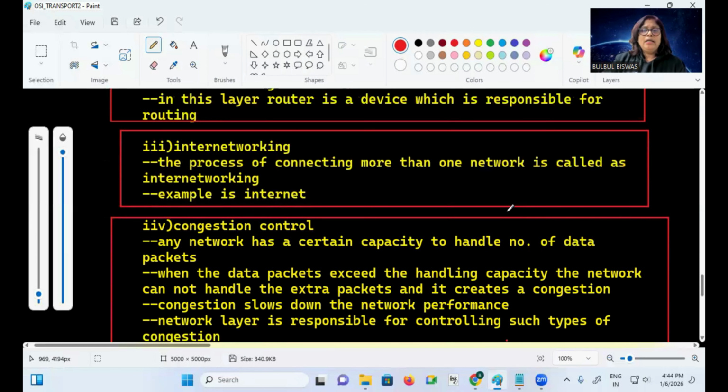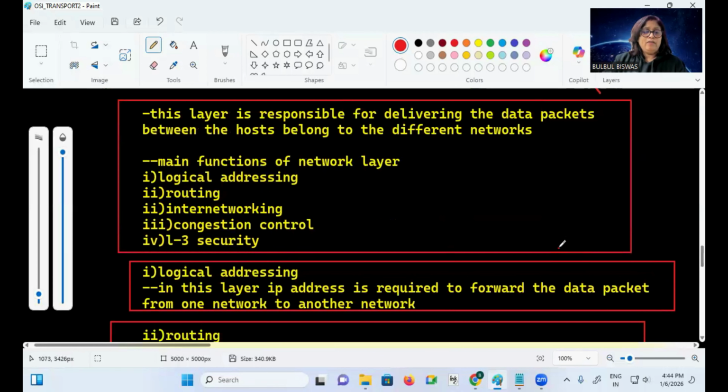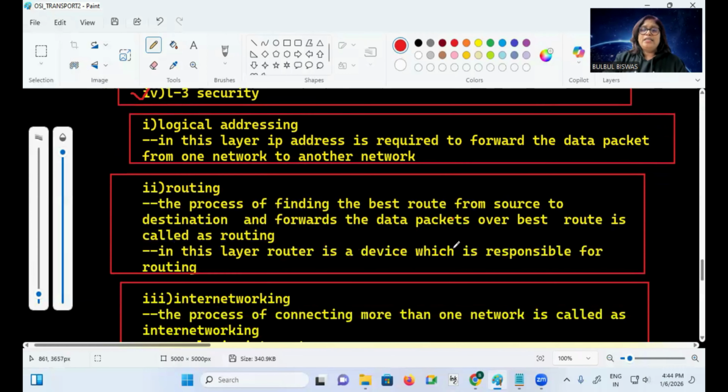So let's see what the prime responsibilities of the network layer are. The network layer is responsible for logical addressing, routing, internetworking, congestion control, layer 3 security and many more. When we go to the routing topic, then you can understand. Now, what is logical addressing?